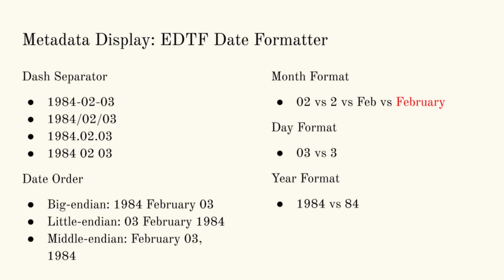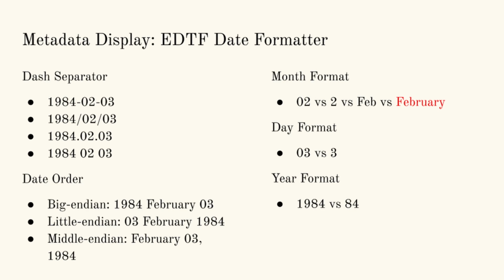So that is whether it's a dash or a slash or a dot or a space that is between the year, month, and date. Date order, I love the names of these things. So big endian, I guess, starts with the biggest number, which is the year, and then will display the month and the date. Little is date, month, year, and middle is month, date, year.